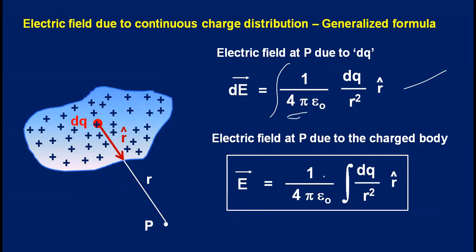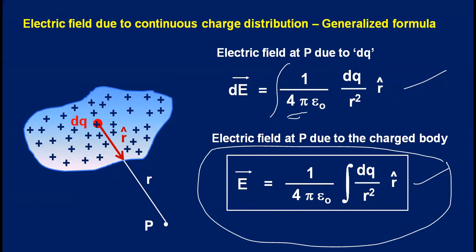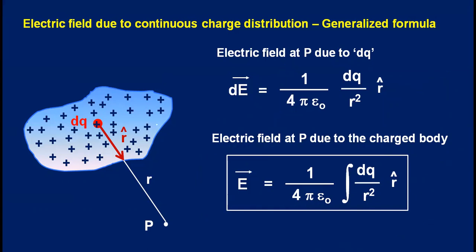So hence I will have E vector, electric field due to the entire charged body. So integrating both sides, integral dE vector will give me E vector, and right hand side I have 1 by 4 pi epsilon naught outside the integral, and inside the integral I have dq by r square into r cap. So don't forget the formula. So this is the generalized formula to find electric field at a reference point due to continuous charge distribution.